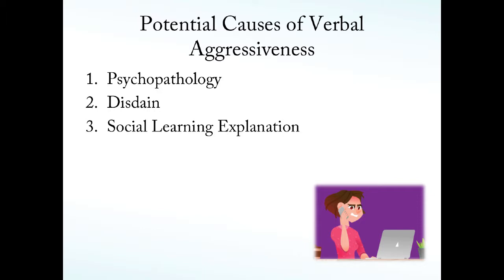You need to be aware, though, that the theory also says that we only model or copy those behaviors if we are reinforced for exhibiting them. So somebody would have to be reinforced or rewarded for exhibiting verbal aggressiveness in order for social learning theory to be the explanation that sticks.